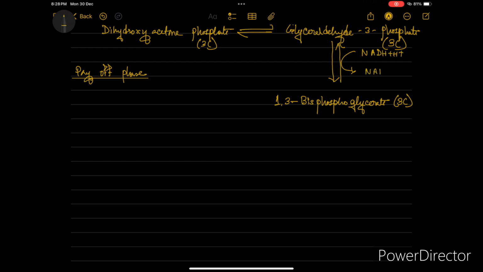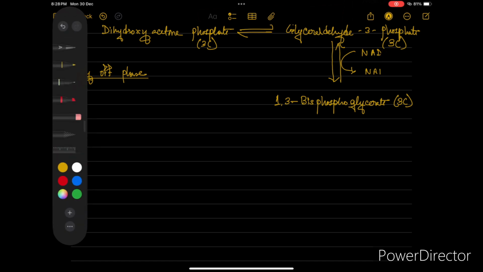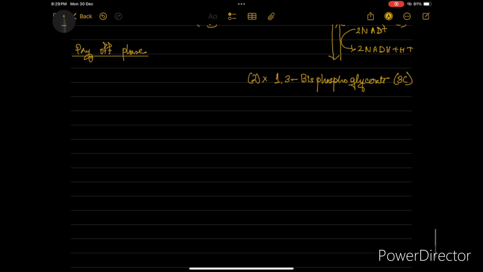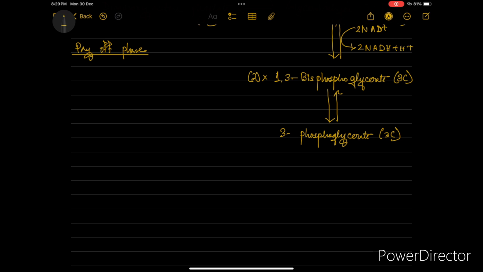As two molecules of glyceraldehyde 3-phosphate are involved in the payoff phase, there is production of two molecules of NADH in the first step. And from 1,3-bisphosphoglycerate, there is production of 3-phosphoglycerate, also a 3-carbon compound, and this step produces two molecules of ATP.